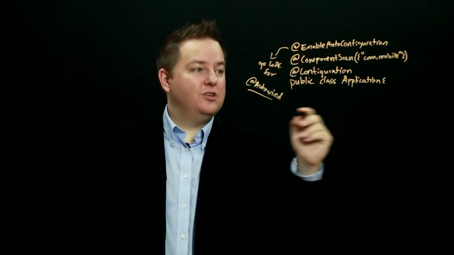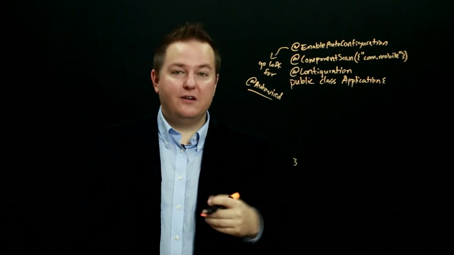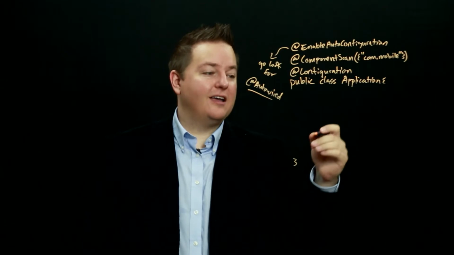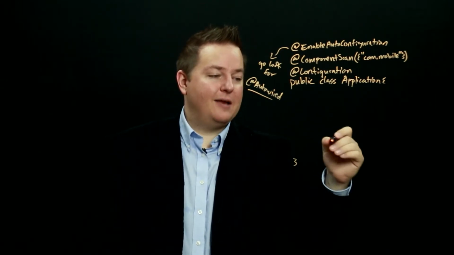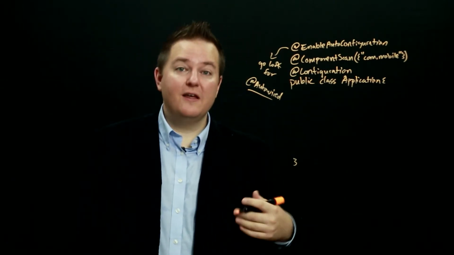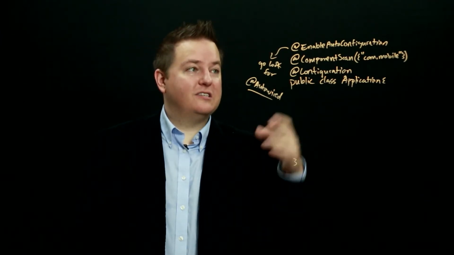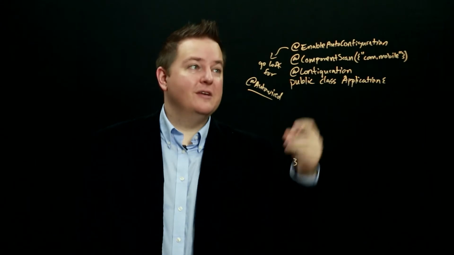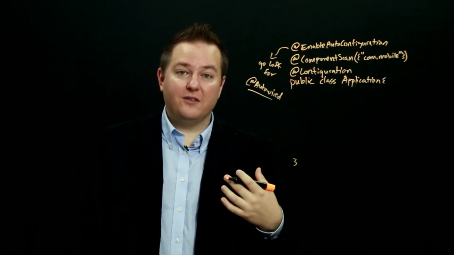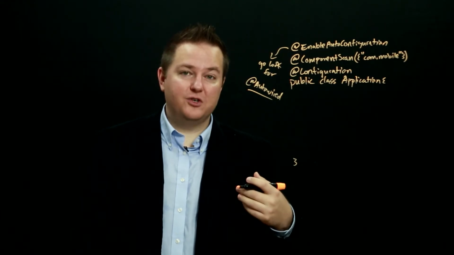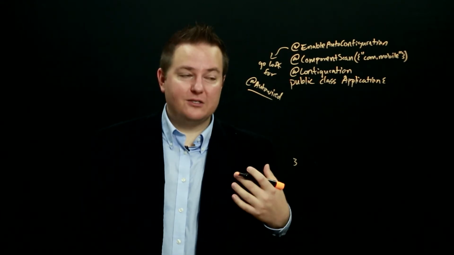And using these two, you can simplify your configuration class because you don't have to go and explicitly define a bean with an @Bean and then a method to retrieve the bean for every single component in your application. You can simply allow Spring to discover them and then to automatically auto-wire them for you without going to all of the work of defining each one individually or doing anything else.